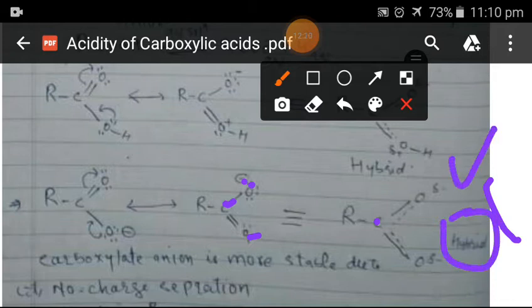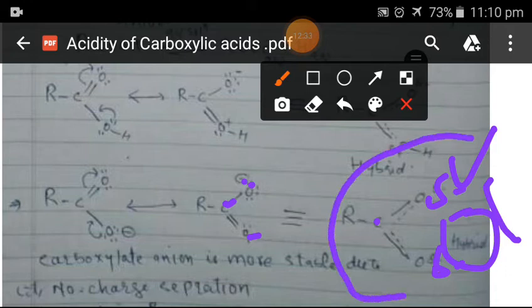But this resonance hybrid is more stabilized, because this oxygen carries negative charge, being electronegative, and this one also carries negative charge. So there is no positive and negative charge separation, so this is more stabilized. Also, because the negative charge is present on the more electronegative atom, it gets more stabilized.